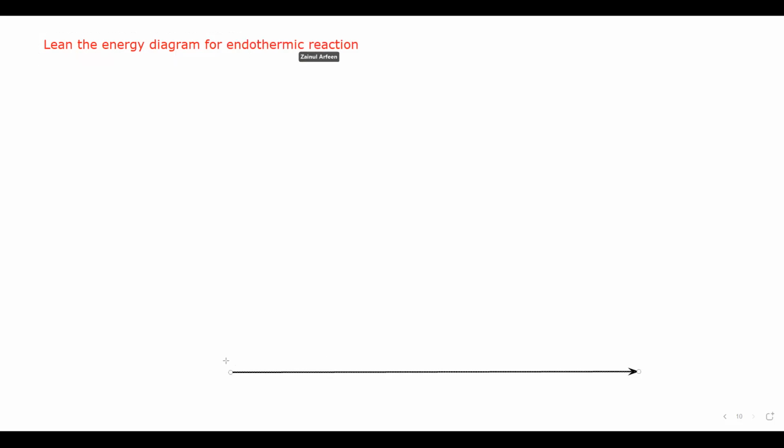So basically you have to learn this diagram for the endothermic reactions. So what are the labels you have to learn? You have to memorize this diagram for endothermic reactions.